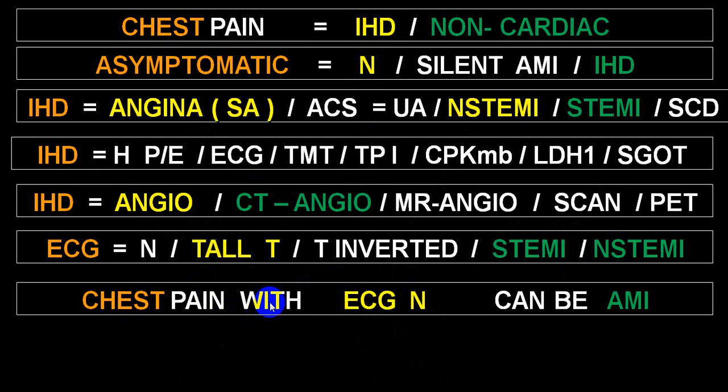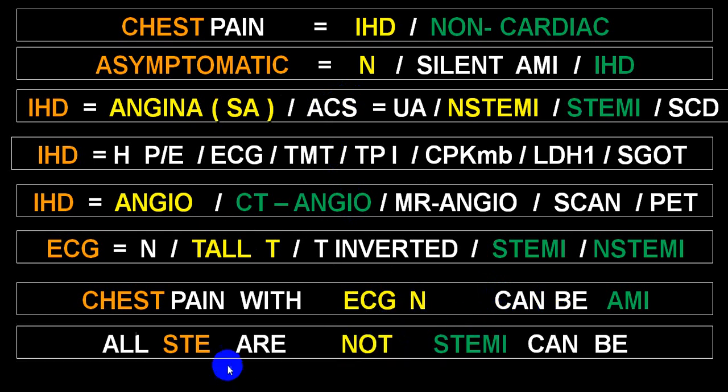So chest pain may be there and it may be associated with an absolutely normal ECG, which can be still the initial stage of STEMI, non-STEMI or unstable angina, that is what we call acute coronary syndrome, and it can end up with acute MI, that is STEMI or non-STEMI.